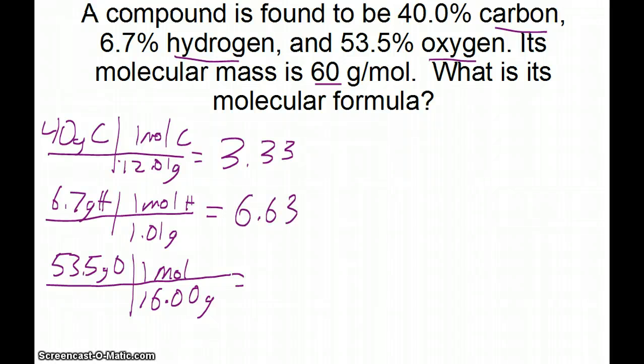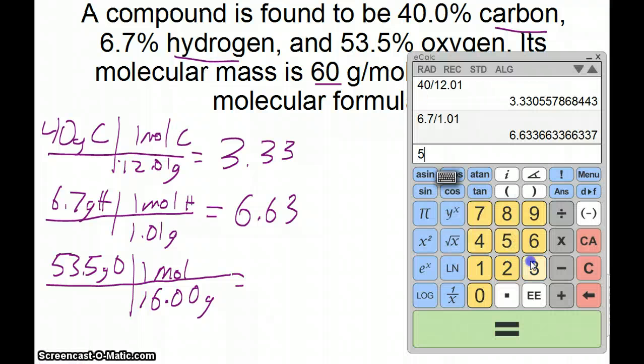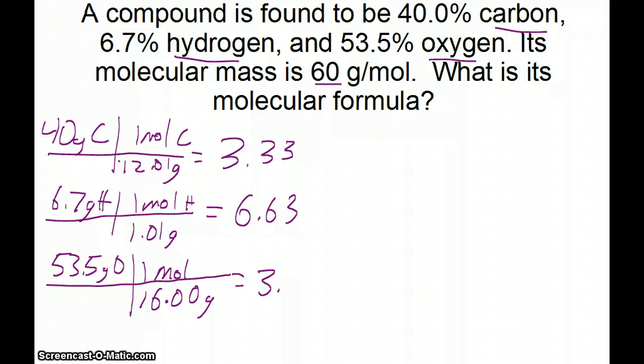And then after that we have 53.5 divided by 16. And that gives us 3.43 moles. So all those were moles. We just calculated moles. We did that so we could find our empirical formula. We're not done yet, though. We have to divide by the lowest number of moles.